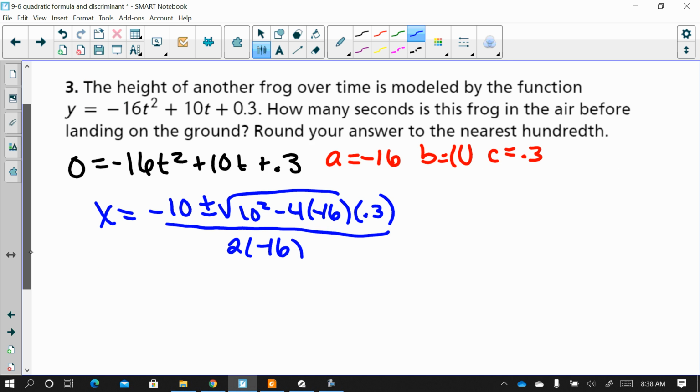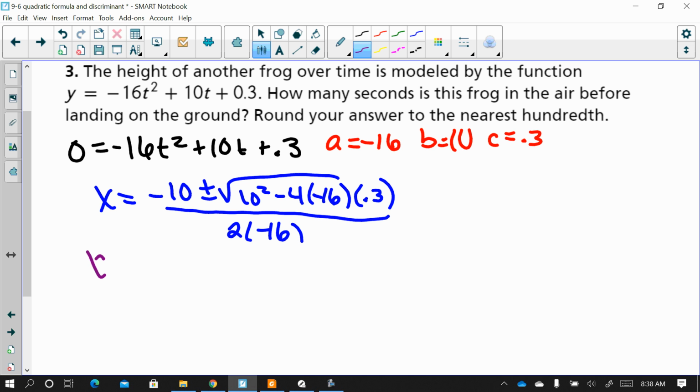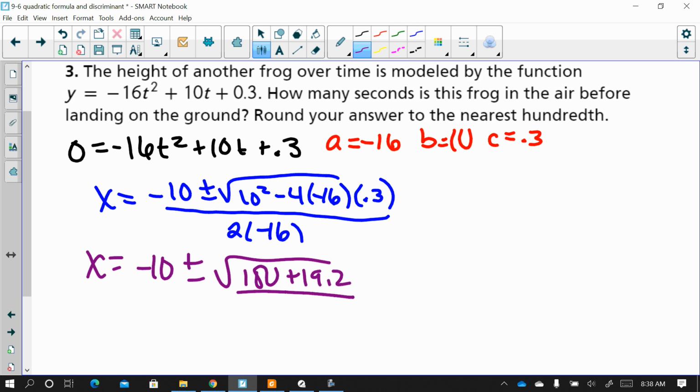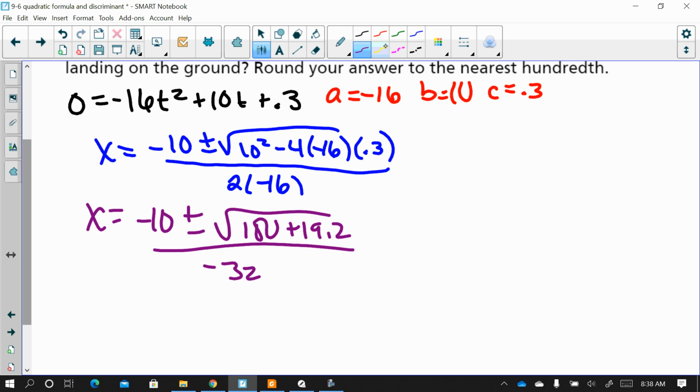Okay, calculator work, let's clean it up. X equals negative 10 plus or minus the square root of 100. Negative 4 times negative 16 times 0.3 is equal to 19.2 all over negative 32. Okay, one more step here to clean it up, and then we're just going to answer it.